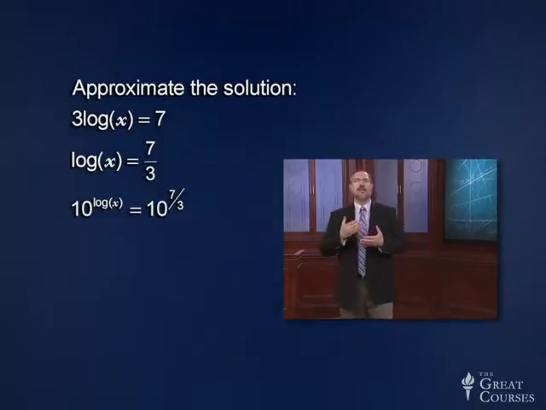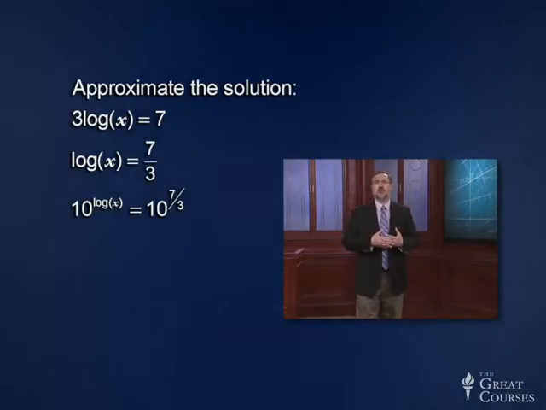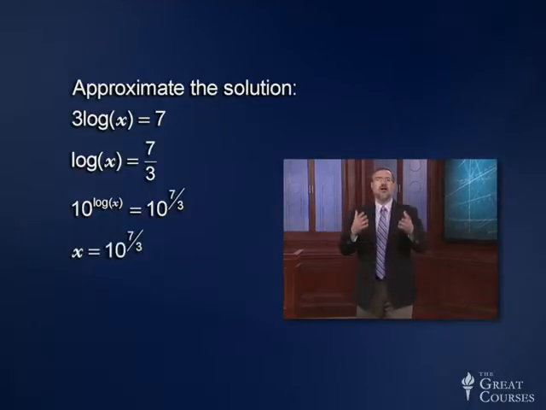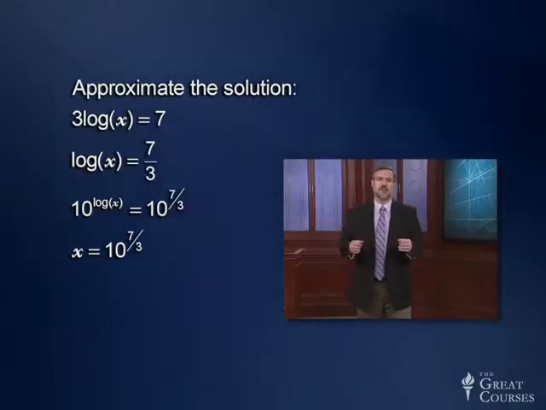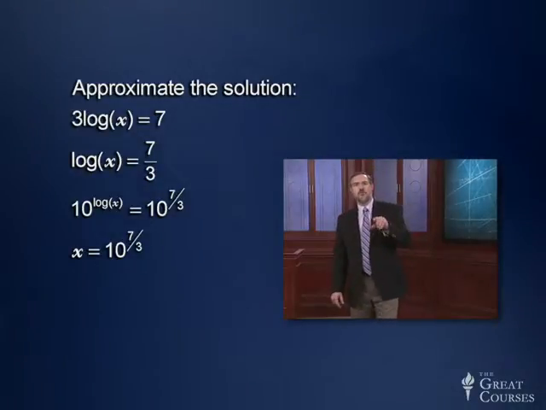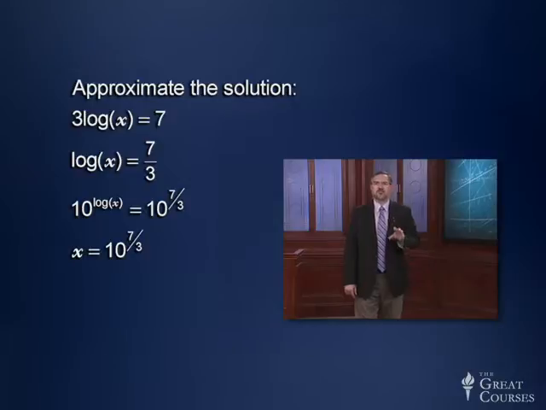Now, what is 10 to the log of x? Well, it just turns out to equal x, because that log of x is equal to the log base 10 of x. So believe it or not, by doing what we just did, we've just gotten the left-hand side to become x.